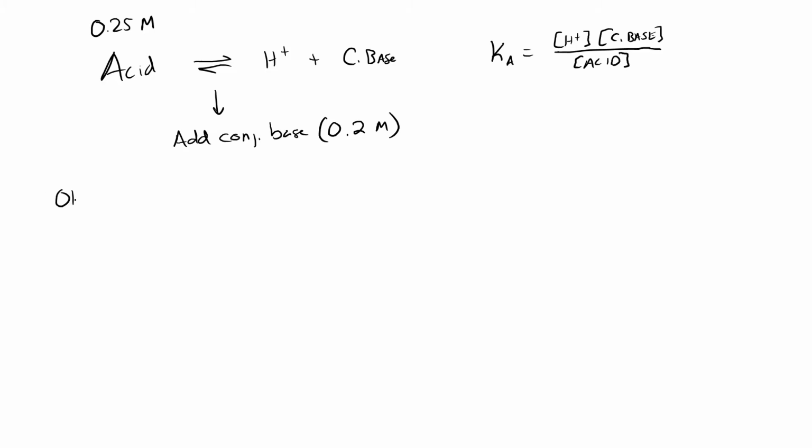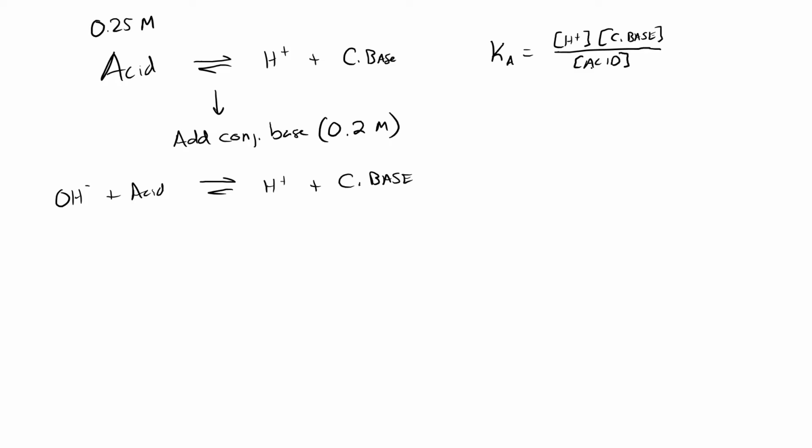So now we're going to have OH minus on this side plus acid, and that's going to go to H plus and its conjugate base. We're just taking the same reaction and drawing it in reverse. So the more conjugate base we have, the less H plus we have, and the less H plus we have, the more it's going to change the pH.